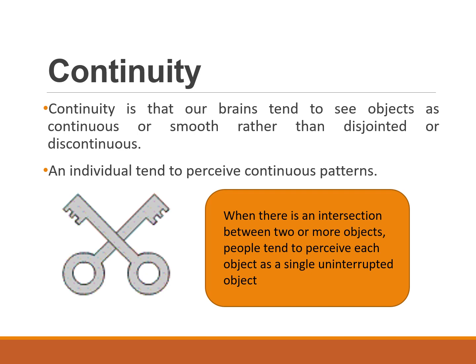The second one is continuity. Continuity is that our brain tends to see objects as continuous or smooth rather than disjoint or discontinuous. That means an individual tends to perceive continuous patterns. When there is an intersection between two or more objects, people tend to perceive each object as a single uninterrupted object.